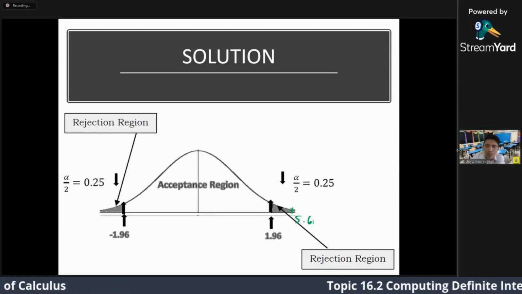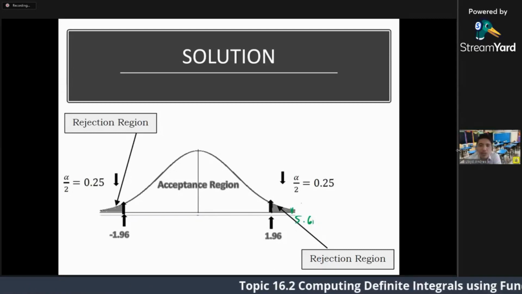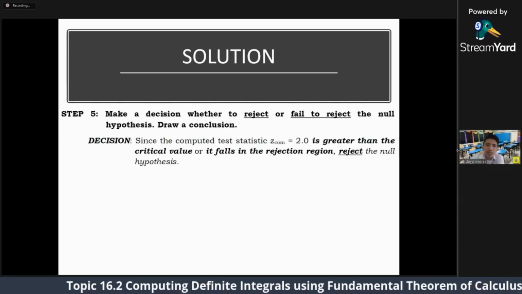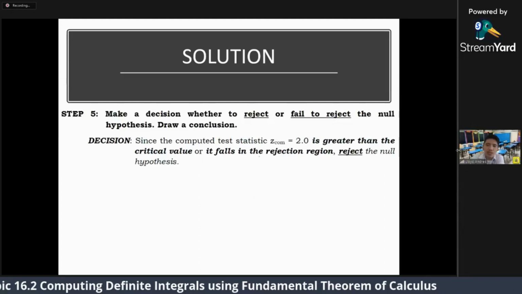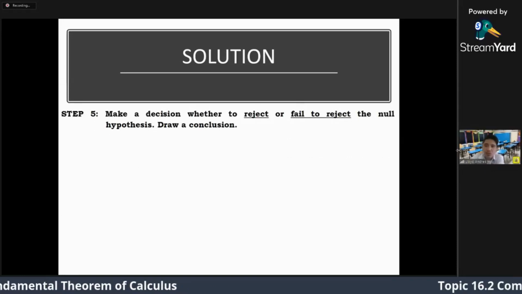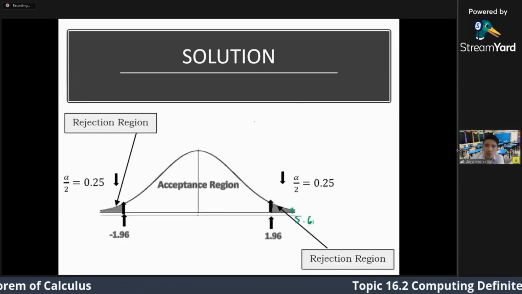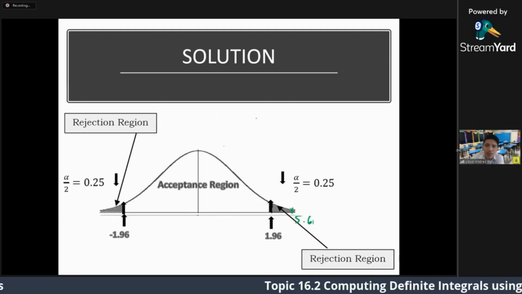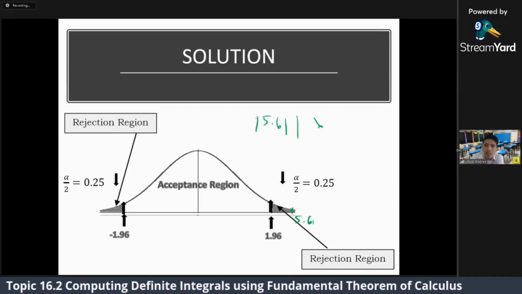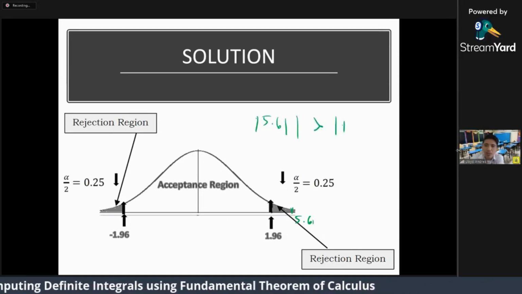So now we know the decision. Therefore, since the test statistic falls in the rejection region, and even if we use the comparison without the graph, the absolute value of 5.61 is greater than the absolute value of positive and negative 1.96.